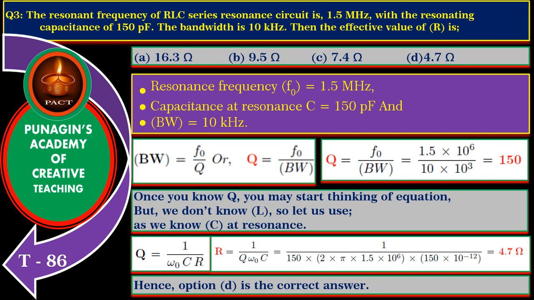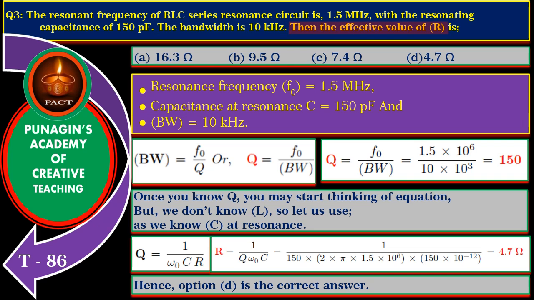Friends, next, we shall solve one simple problem. The data given is resonance frequency F0 is equal to 1.5 megahertz. Capacitance at resonance C is equal to 150 picofarads and bandwidth is equal to 10 kilohertz.